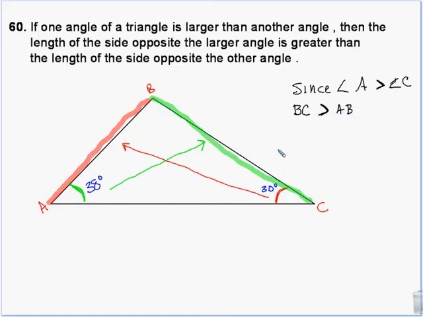So same exact concept, it's just on one we say bigger side is across from bigger angle, and on the other one we say bigger angle is across from bigger side. It just goes backwards.